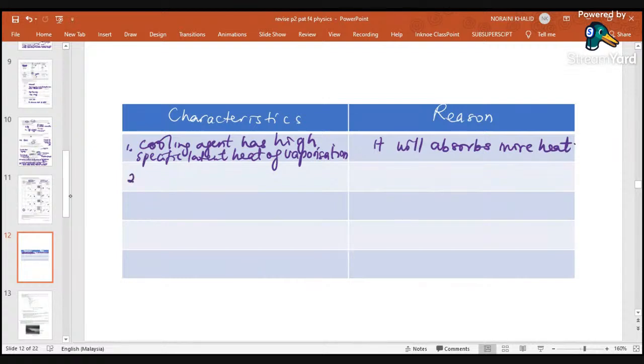Okay, number two, the boiling point of the cooling agent. So the cooling agent has low boiling point. Okay, so it means it can evaporate easily.